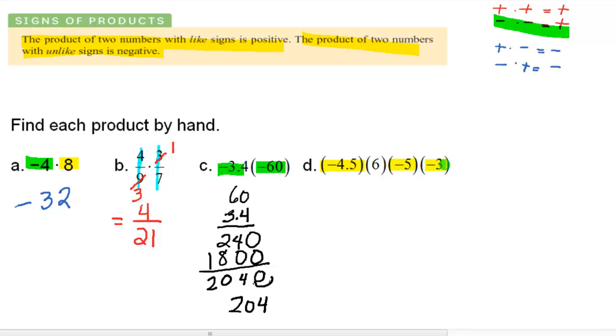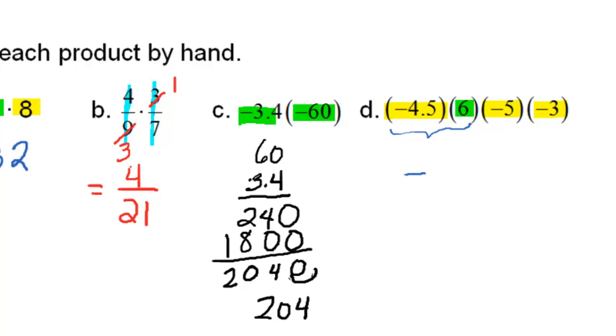In the next problem, we have 3 negatives multiplied times 1 positive. So we're going to go 2 at a time. And we know that negative 4.5 times 6, those are different signs, so we're going to have a negative answer. And it's actually negative 27.